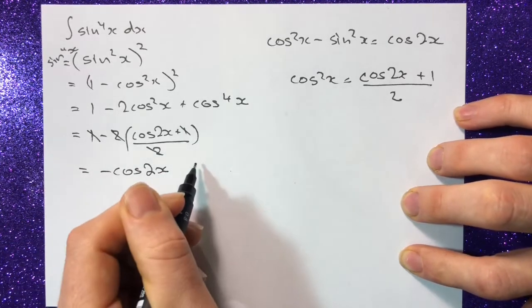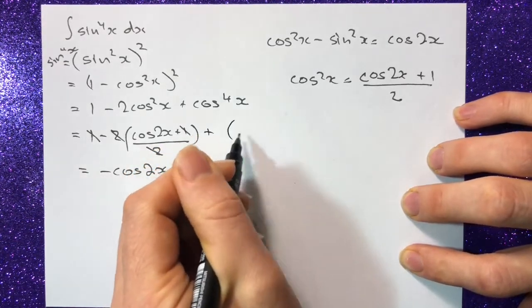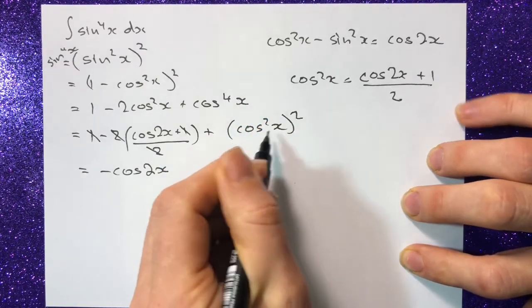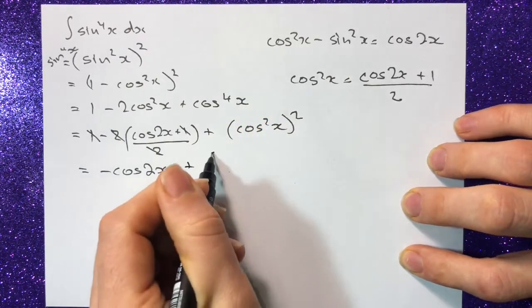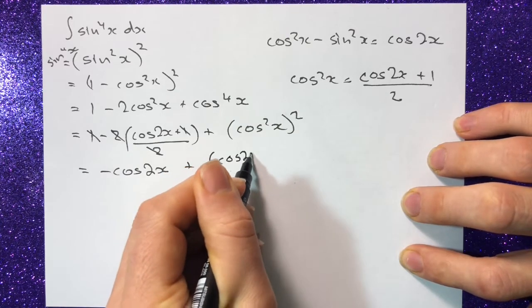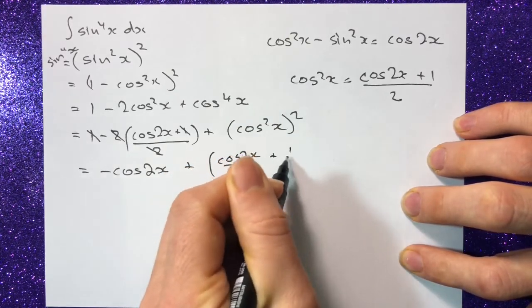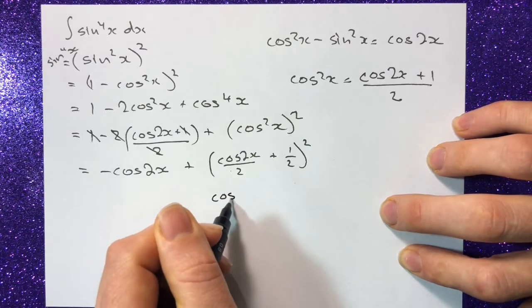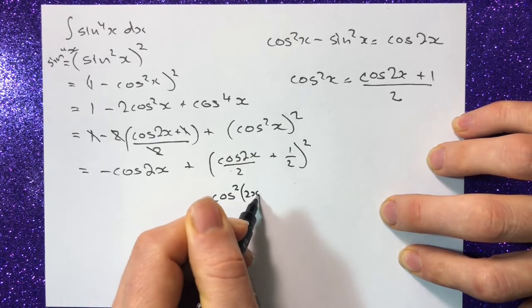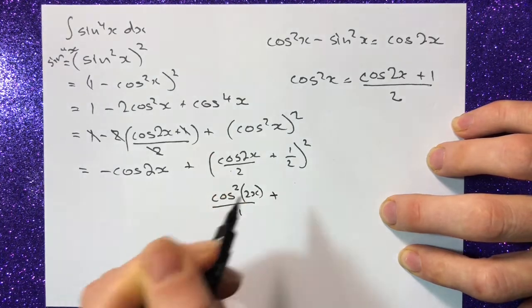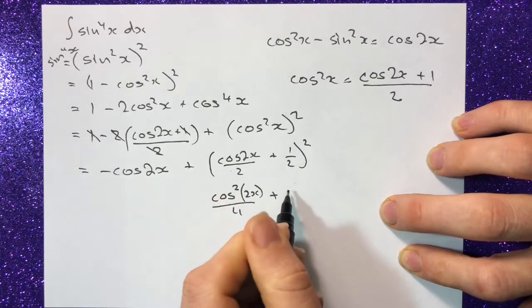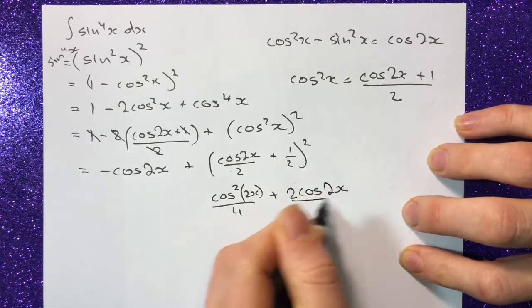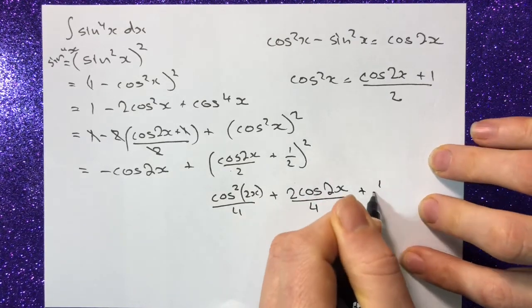So far I've got that. Plus cos to the 4x, which will be cos squared x squared. And cos squared x can swap again. And if I were to perfect square expand this one, 2 by this, so 2 cos 2x on 4 plus 1 on 4.